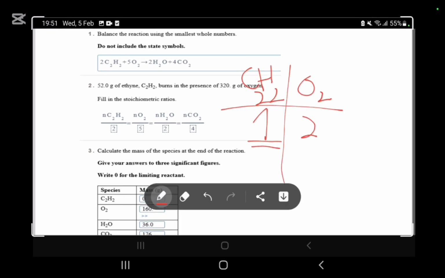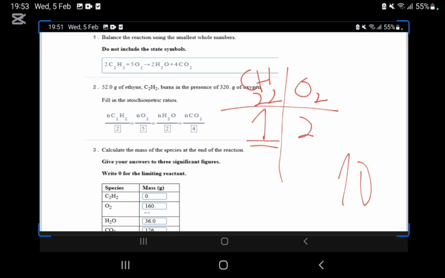Okay, so from here, for oxygen, we know that the moles of oxygen is 10.